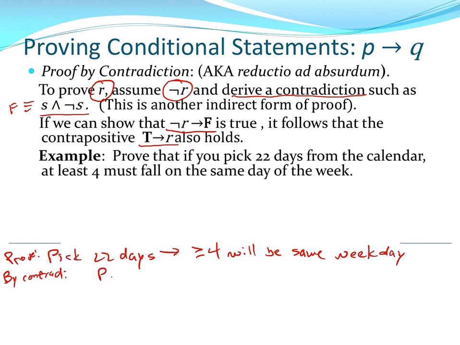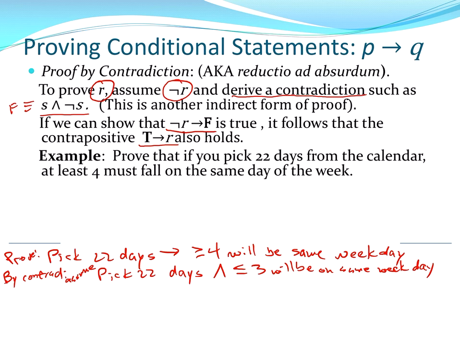So pick 22 days, and we're going to assume this: less than or equal to 3 will be on the same weekday. So that's the negation of the proposition we want to prove.